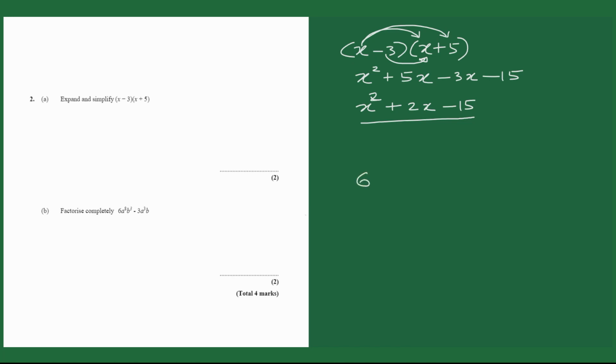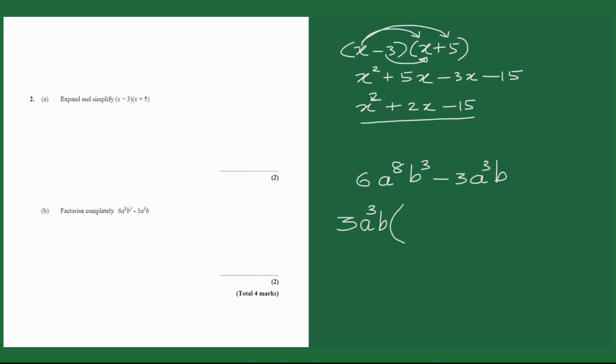Second question, factorize completely. 6a to the power 8 b cubed minus 3a cubed b. The common factor for the numbers 3 and 6, you can take the 3 out. A cubed and a to the power 8, you need to take a cubed out.